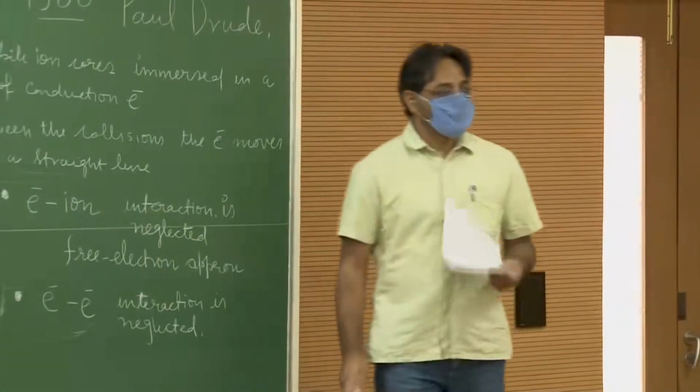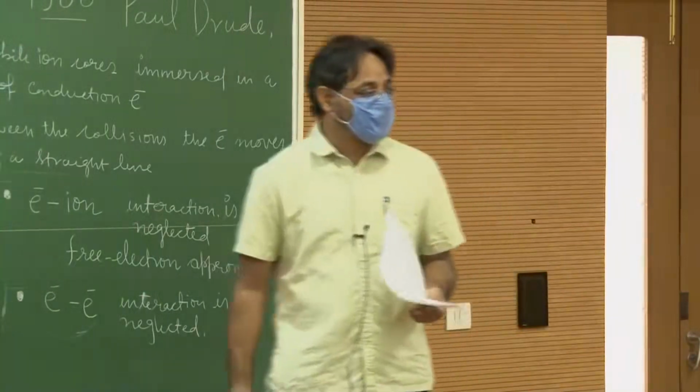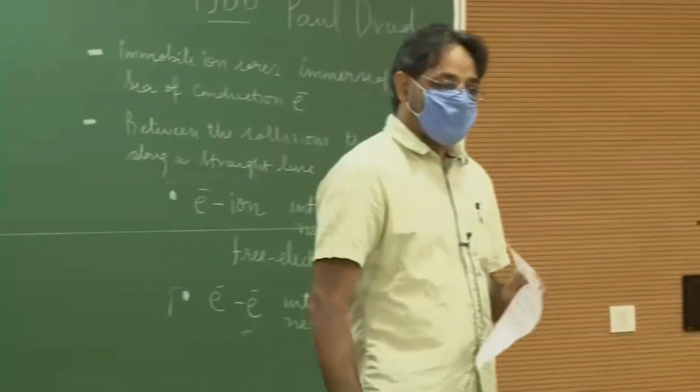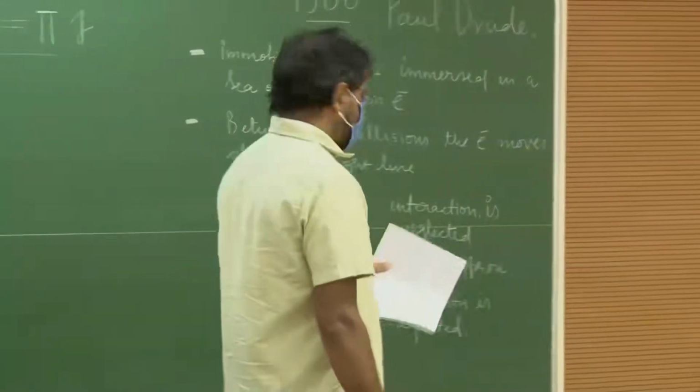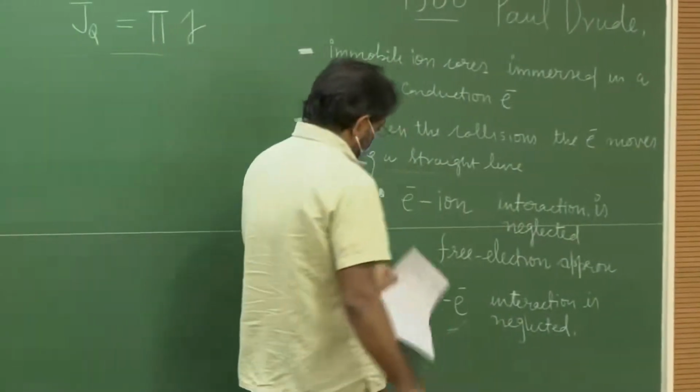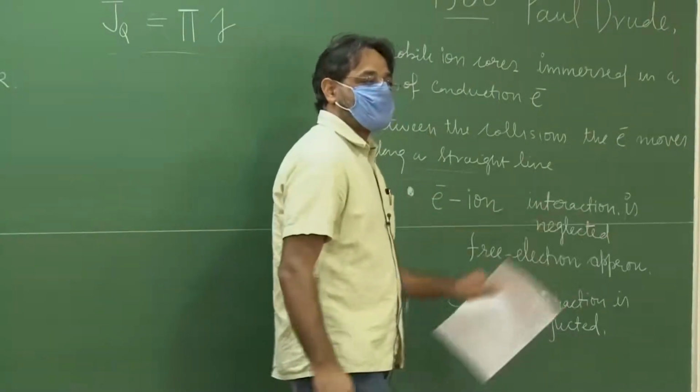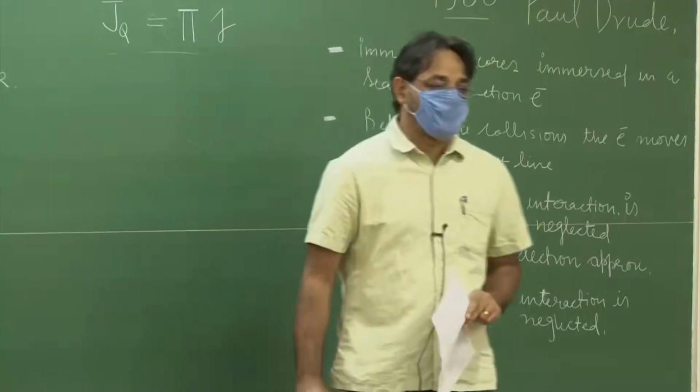This happens because of the screening inside the metal, because there are positive ions and they screen the electrons from seeing each other. And this screening is so strong that it wins almost all the time. You don't really need to worry about the electron-electron interaction.